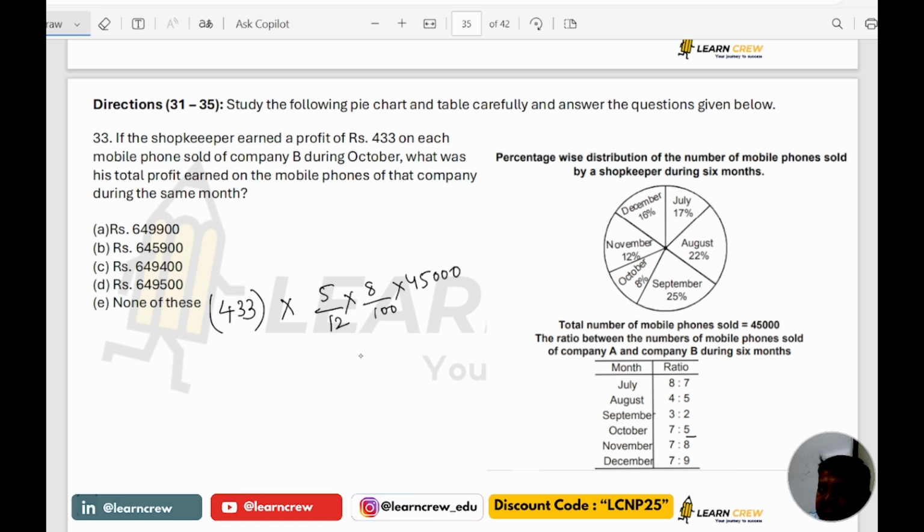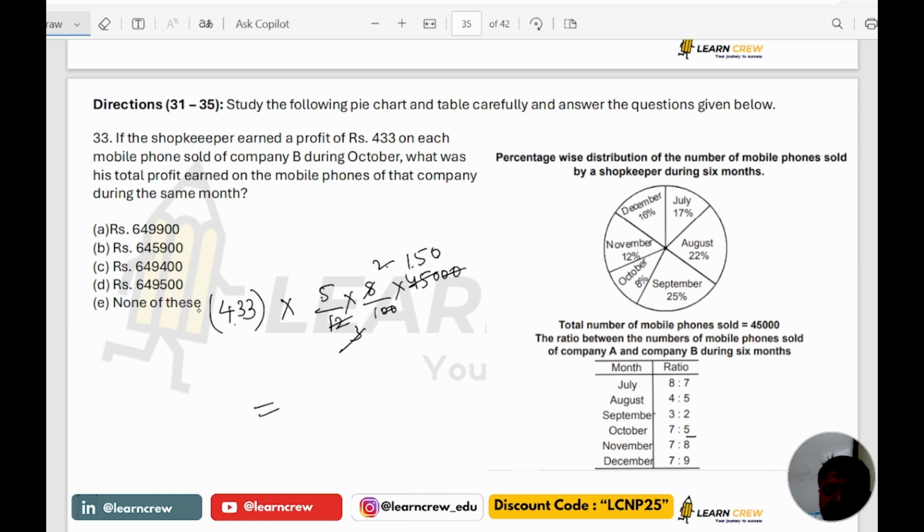8% of 45,000. So if you simplify this, 2 zeros cancel. 4 2s are, 4 3s are. It is 3 150s are. Now what I am going to get here, 5 2s are 10, 10 into one more 0. So 10, 100, 15 into 433.